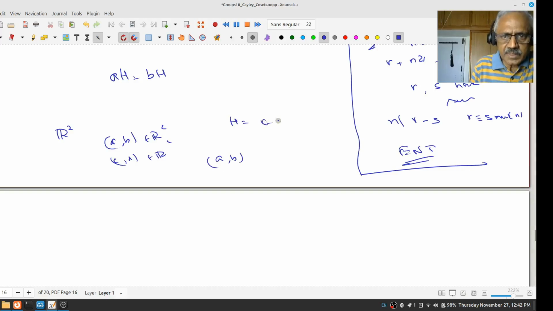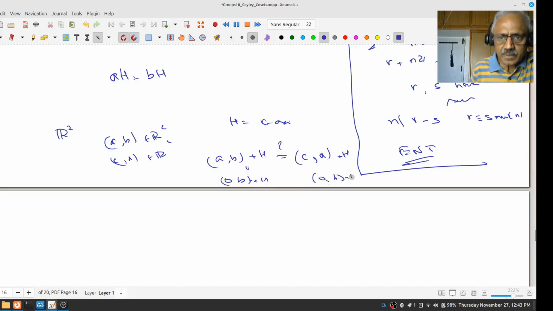My H is the x-axis. Then when is (A,B)+H equal to (C,D)+H? We found out this is nothing other than (0,B)+H and (0,D)+H. That means every element here has the y coordinate B, every element here has the y coordinate D. Therefore, if they are equal, B must be equal to D.